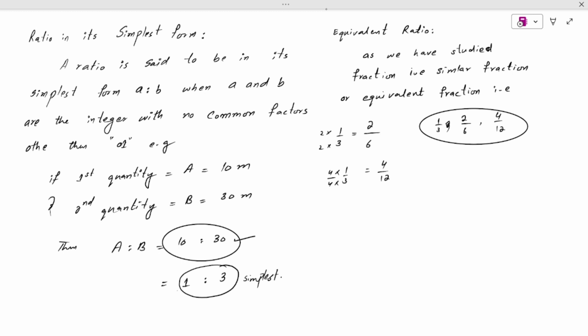Similarly, we can have the equivalent ratios. For example, the equivalent ratio of x ratio y is obtained by multiplying both quantities x and y with the same constant k, or equivalent ratios can also be obtained by dividing both quantities x and y with the same constant k.